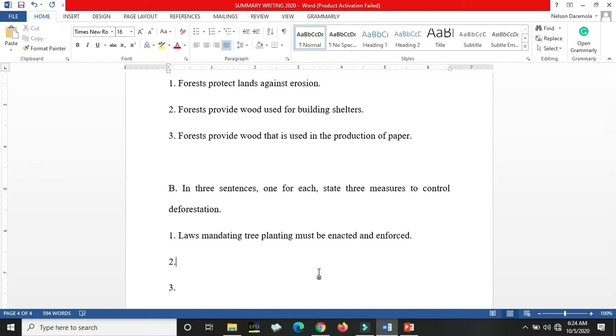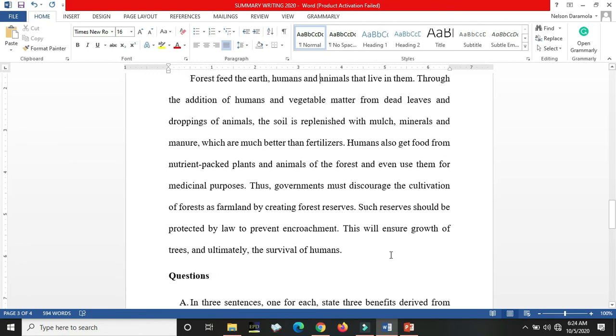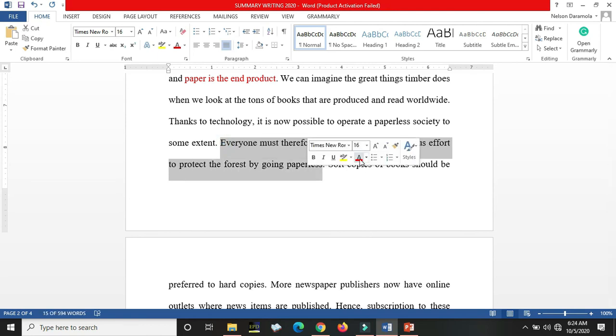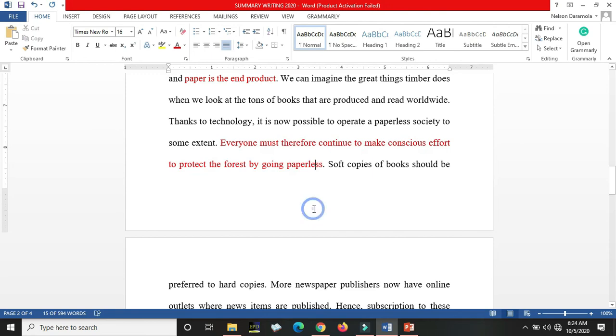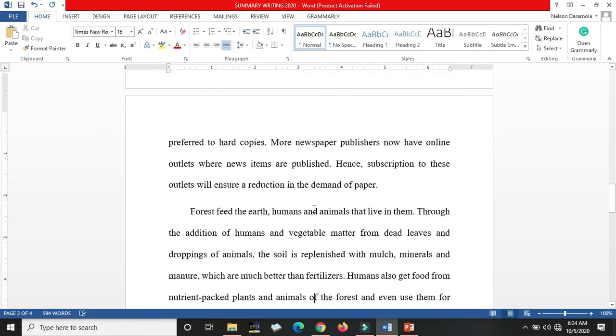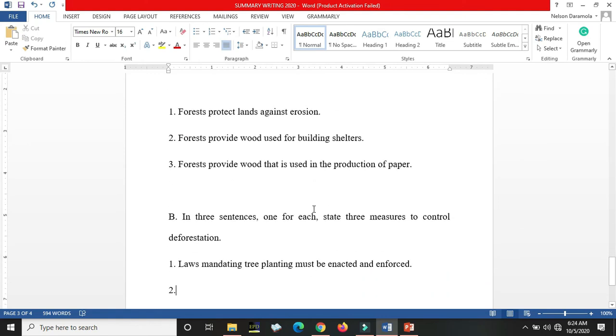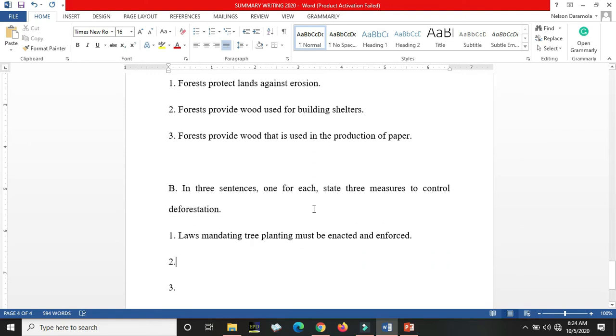Let's go down very quickly. All right. Thanks to technology, it is now possible to operate paperless society. Everyone must therefore continue to make conscious effort to protect forest by going paperless. There is high temptation for you to copy and paste, because you see your answer in a sentence, and they are simple sentences which you can just write out, but you score 0 if you try it.